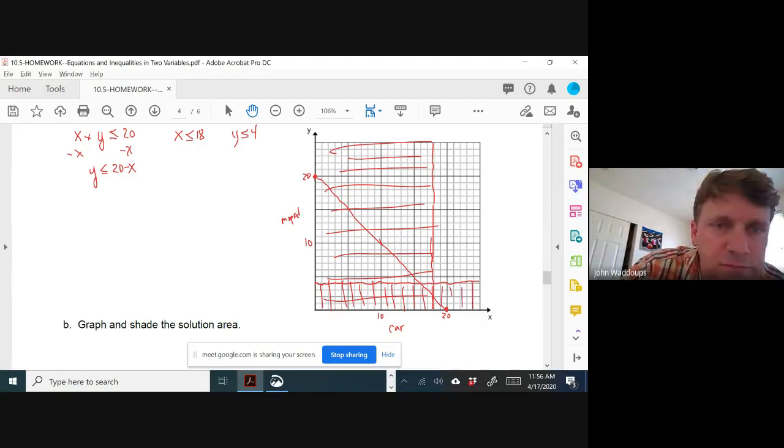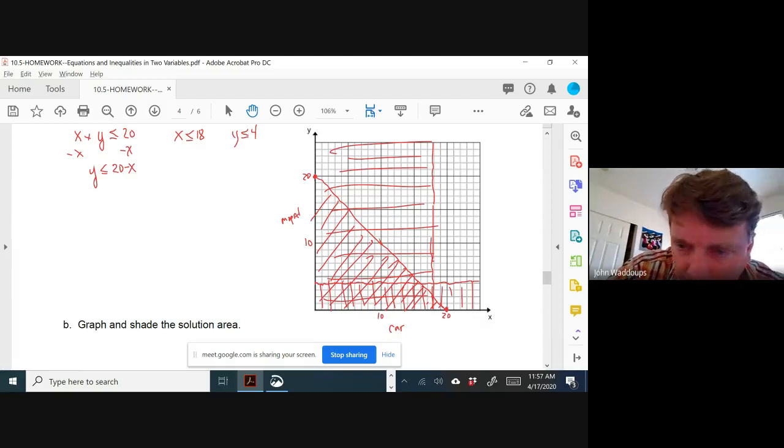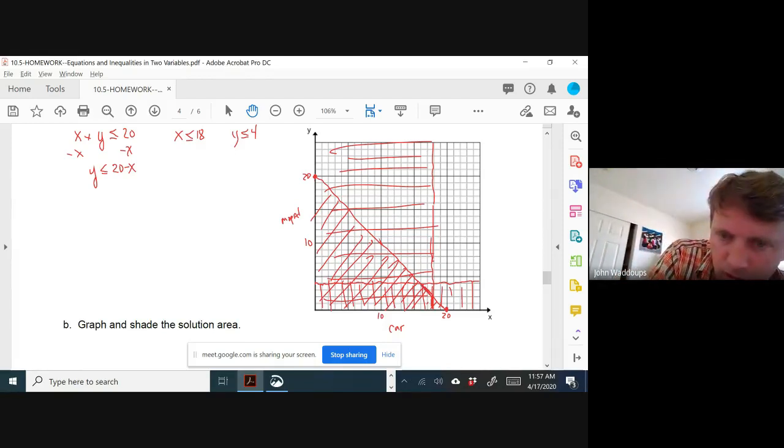And then the total, whether you put it in there or not, is below this line: Y is less than or equal to 20 minus X. And then you'd want to emphasize the area that determines how much we're going to put in.